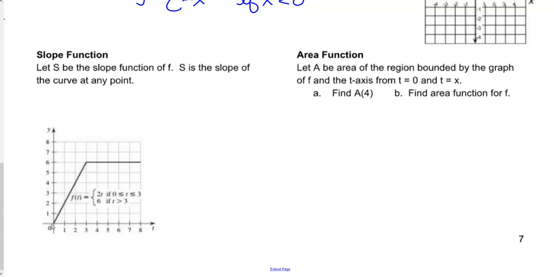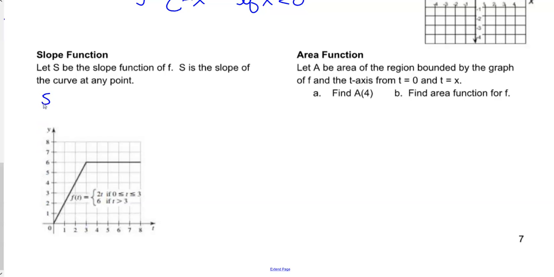So if you look at this graph down here, I have a line that has a certain slope. That line is equal to 2x, or 2t in this case, and that is claiming what the slope is for values from 0 till I stop on that line at t equaling 3.